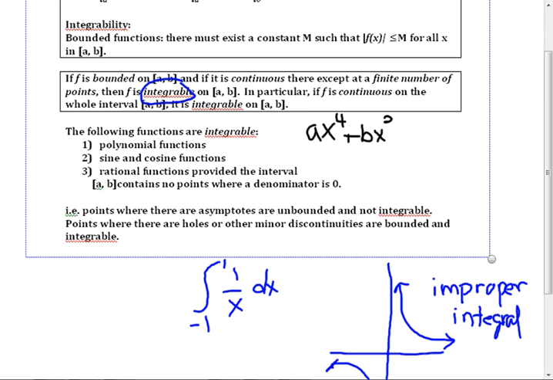Those exponents are nice whole numbers, no fractions, no negatives. You can integrate polynomials, sine and cosine, the trig functions. You can integrate rational functions provided the integral contains no points where the denominator is 0. So I can't integrate 1 over x over 0. That's a problem.